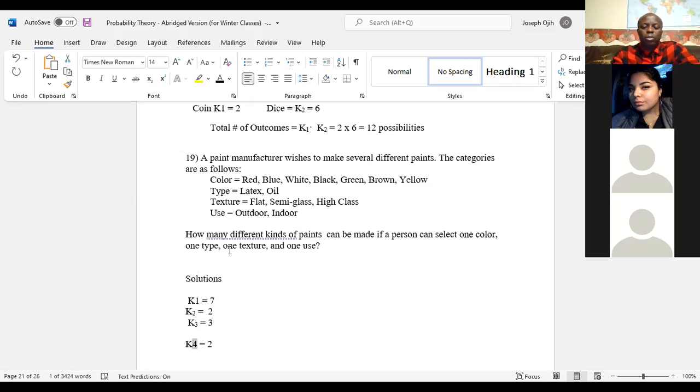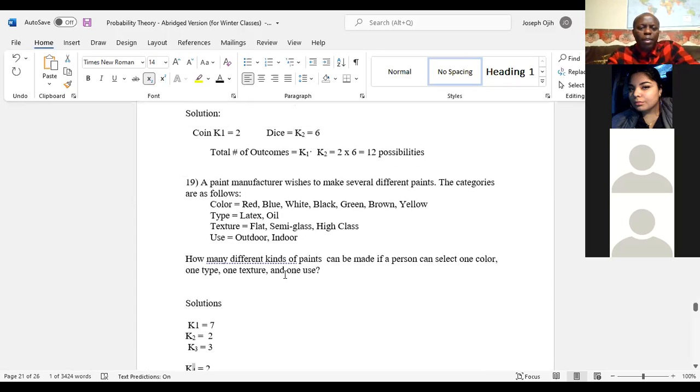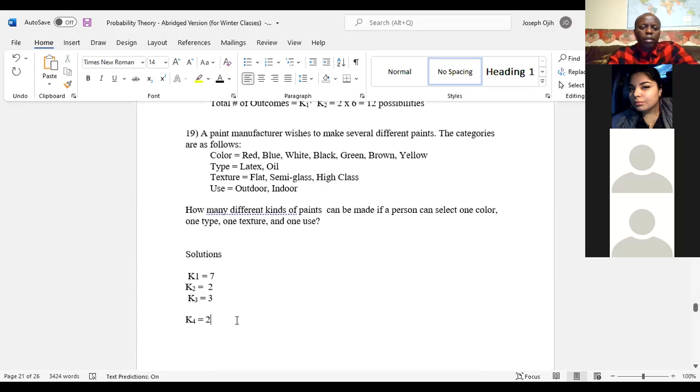Okay, so how many kinds of paints are there? Number of paints that can be made. So the total number of different paints is equal to K1 times K2 times K3 times K4.